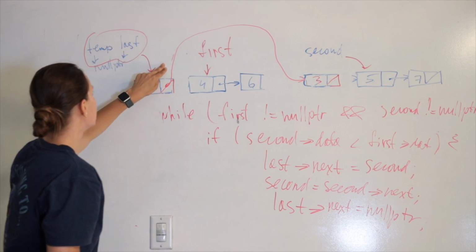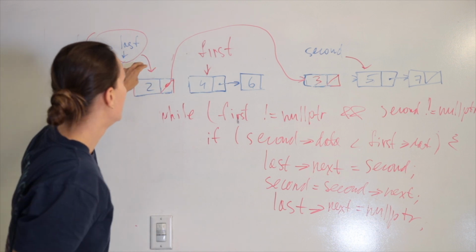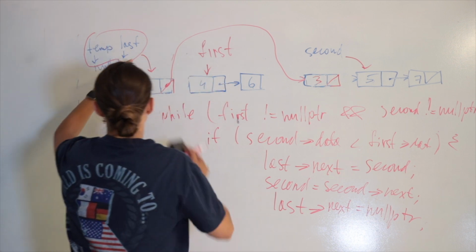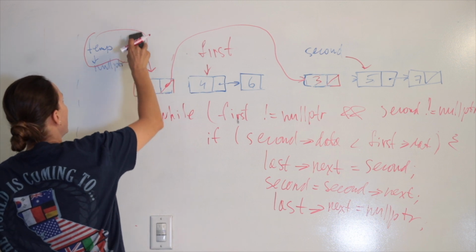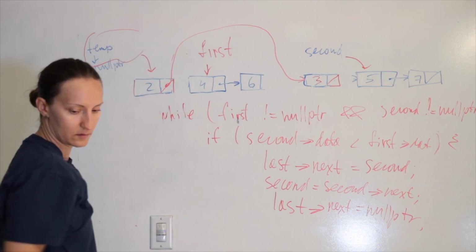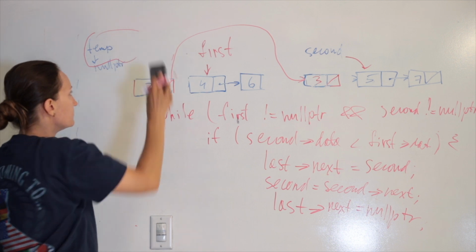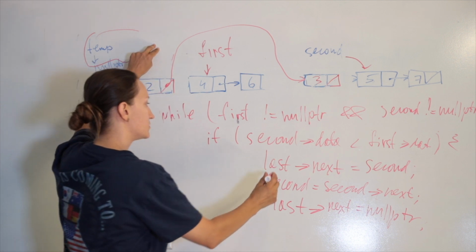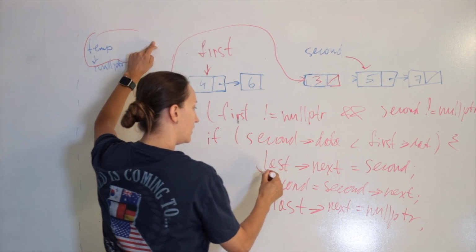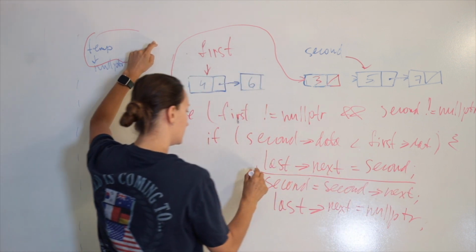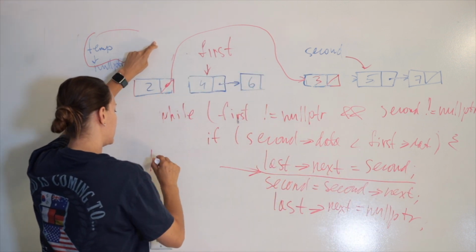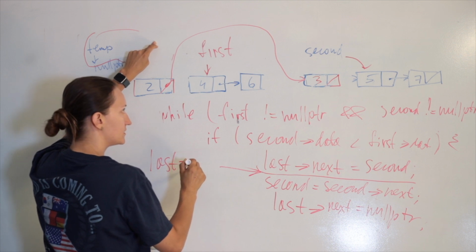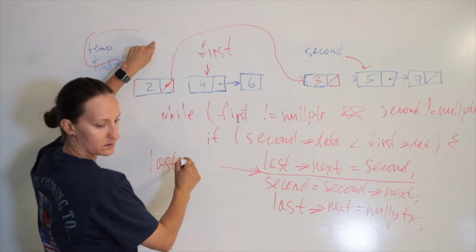I skipped one step because we had to move not only last next, we have to move last as well. So after this line, after last points to next, we'll add last equals second.